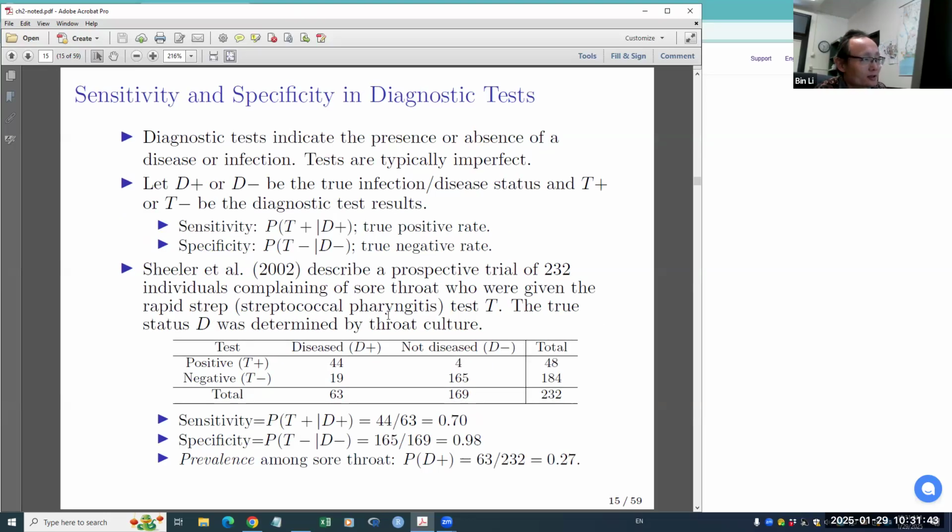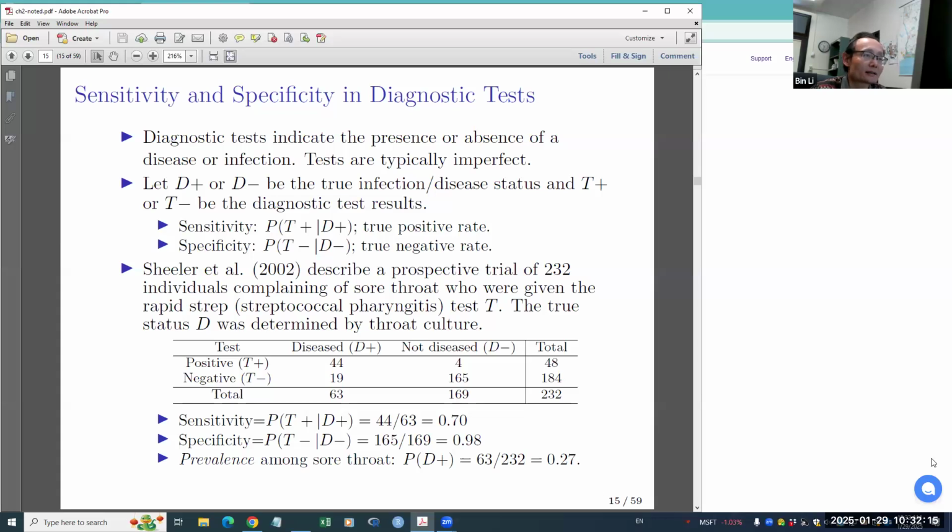Okay, so this one is very commonly used in the medical area, called the sensitivity and specificity in the diagnostic tests, like the COVID test kit. So for these, they all have those sensitivity and specificity information. So what is sensitivity and specificity?